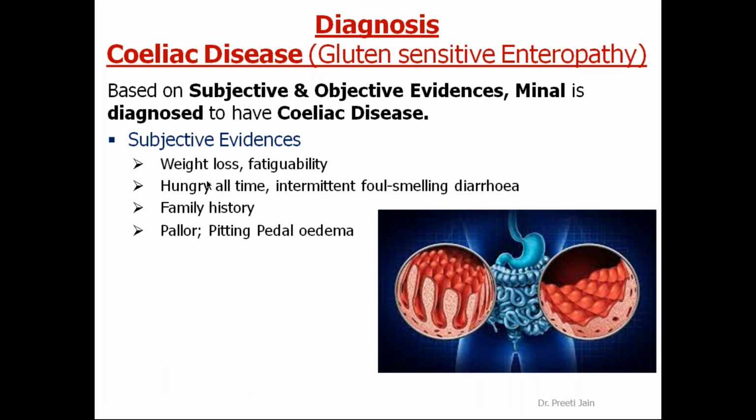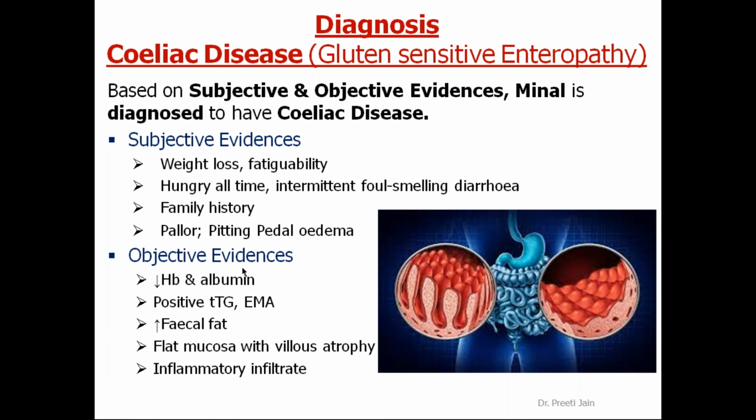Subjective evidences were unintentional weight loss, fatigability, hungry all the time, intermittent foul-smelling diarrhea, a family history, presence of pallor, and pitting pedal edema. The subjective evidences were corroborated by your lab reports, by the endoscopic findings, and by the biopsy of this person.